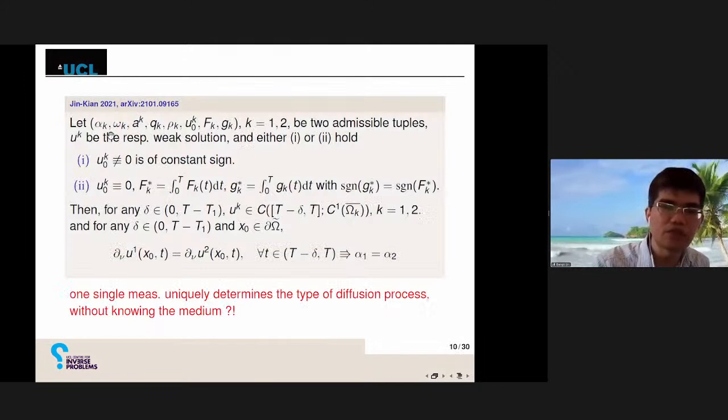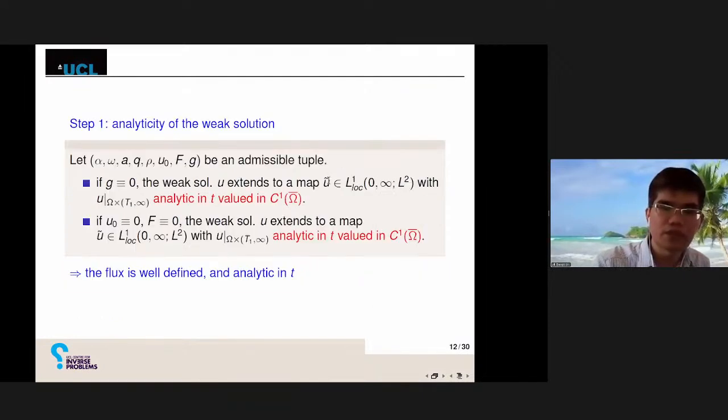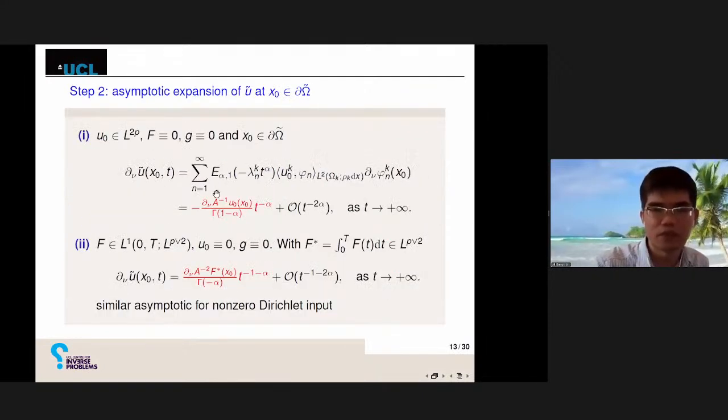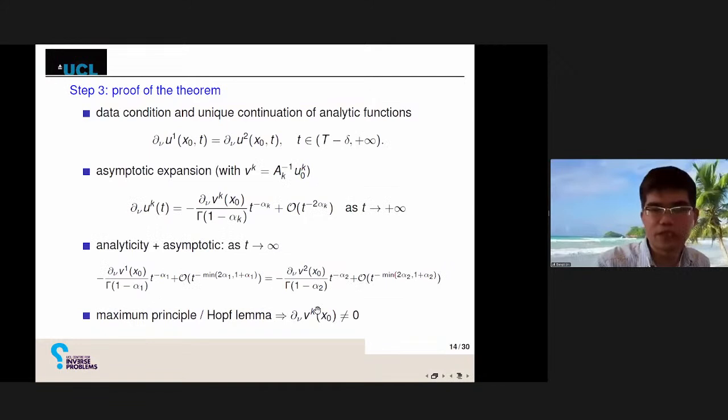For example, if the initial condition does not change sign, or the other terms do not change sign, then we can deduce that this quantity will not vanish. And so just by comparing both sides, we can see immediately that the order of the derivative can be determined, without knowing all the other quantities.